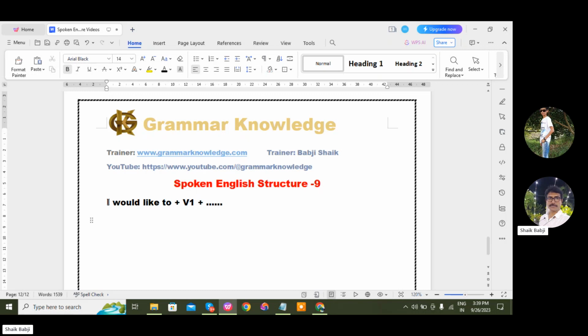So let's see the usage of this structure. What is this structure?